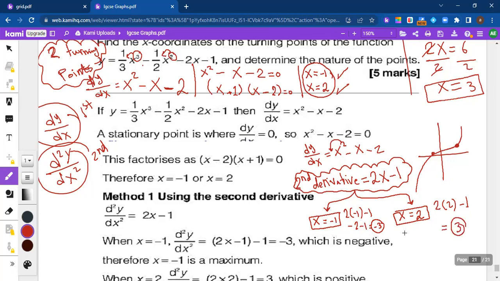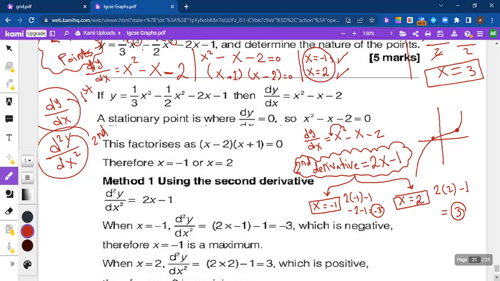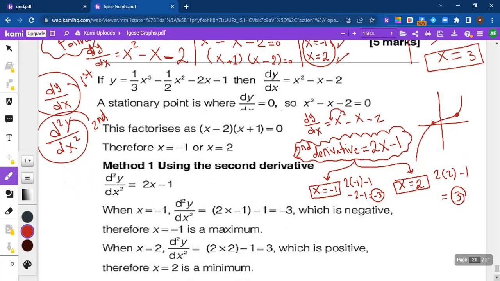Which one is negative and which one is positive? -3 is negative and 3 is positive. So x equals -1 is the maximum point.